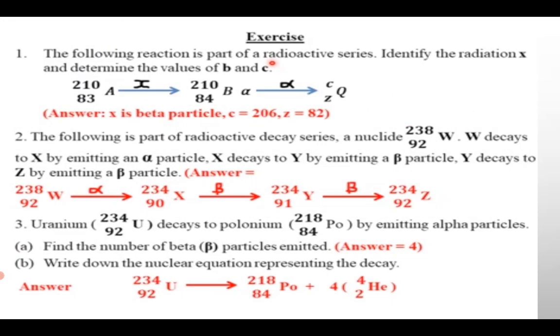Now, I would like to leave you with this work for you to use the same techniques to solve these problems. Number one is saying the following reaction is part of the radioactive series.